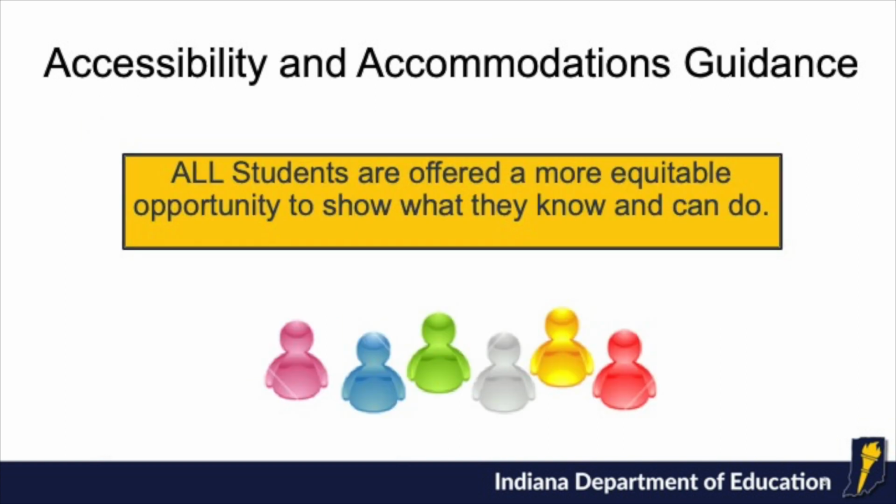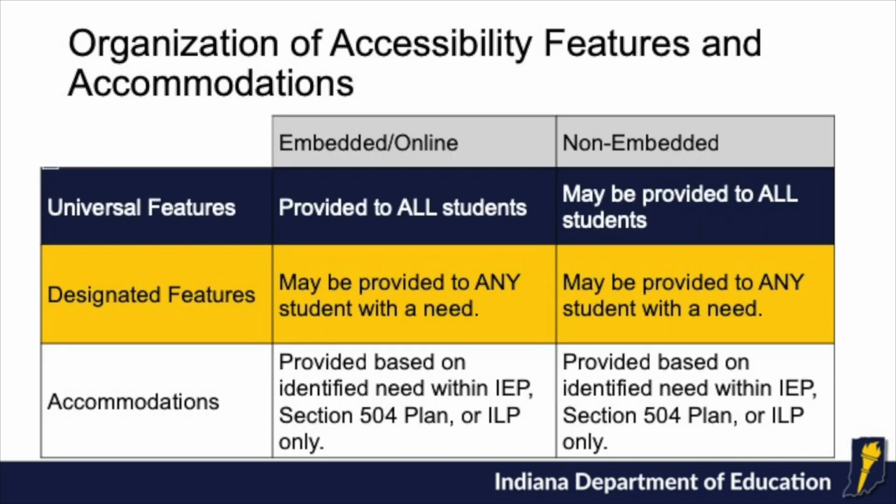The Accessibility and Accommodations Guidance is designed so that all students, including students with disabilities, English learners, or ELs, and ELs with disabilities, are offered a more equitable opportunity to show what they know and can do.